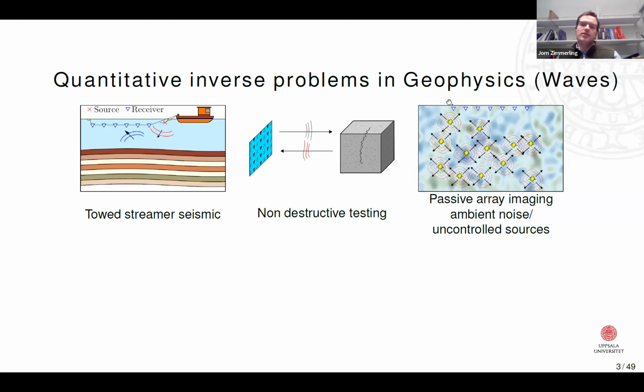And then another example that's popular in geoscience is, rather than having an active source like in a towed streamer seismic experiment, using a passive array where we just have receivers, and then we use ambient noise or uncontrolled seismic sources in the Earth that emit waves. And from these passive measurements, we're trying to invert for the makeup of the subsurface.